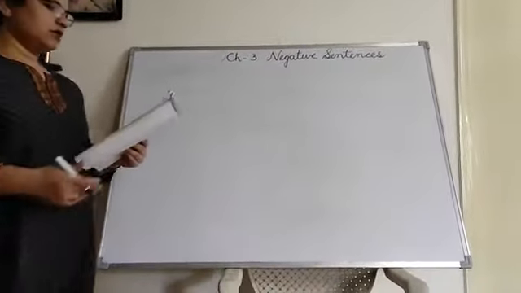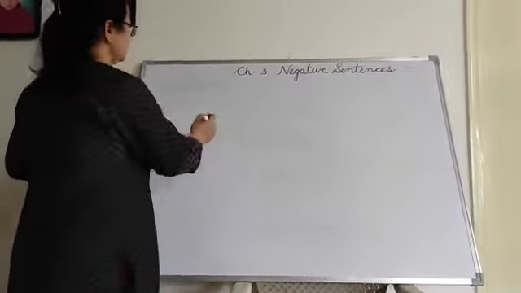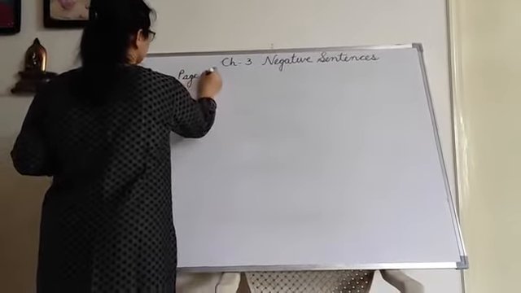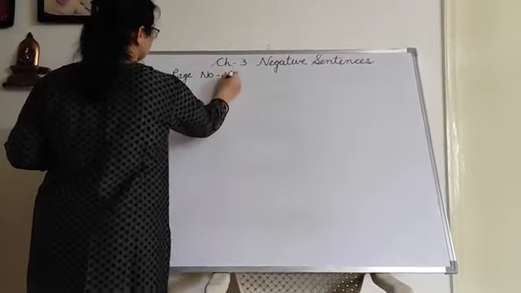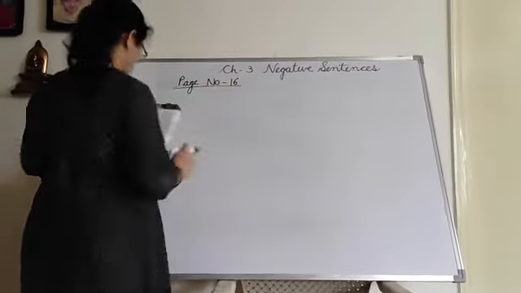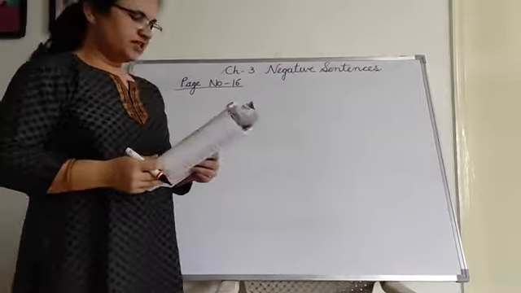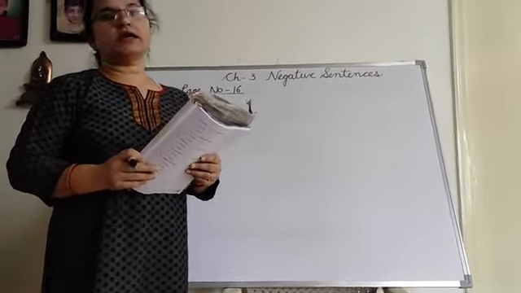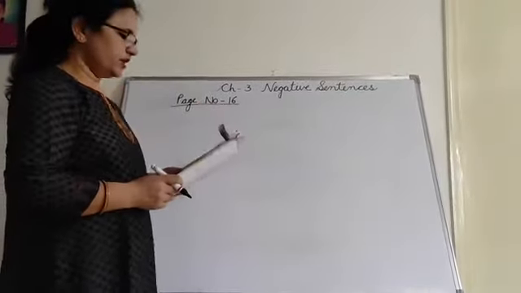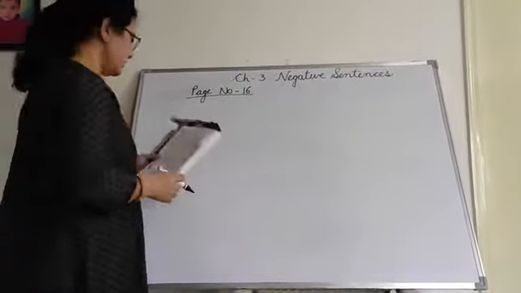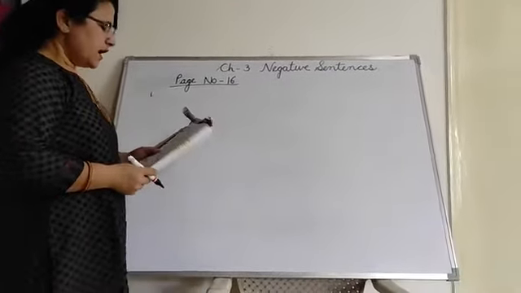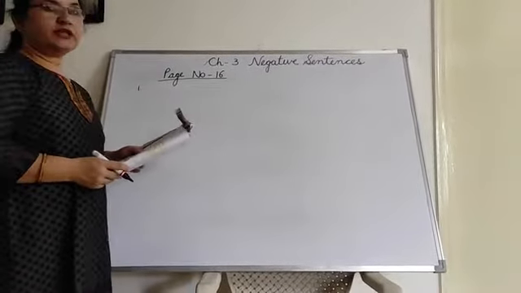Page number 16, your exercise is, we are going to do first exercise, tick the correct sentence and cross the incorrect sentence. The sentences which are correct you have to put a tick, and the sentences which are wrong you have to put a cross. I not like to read storybook.